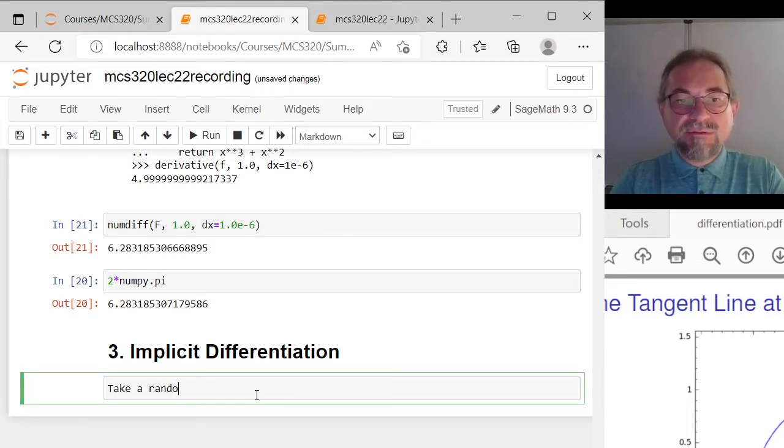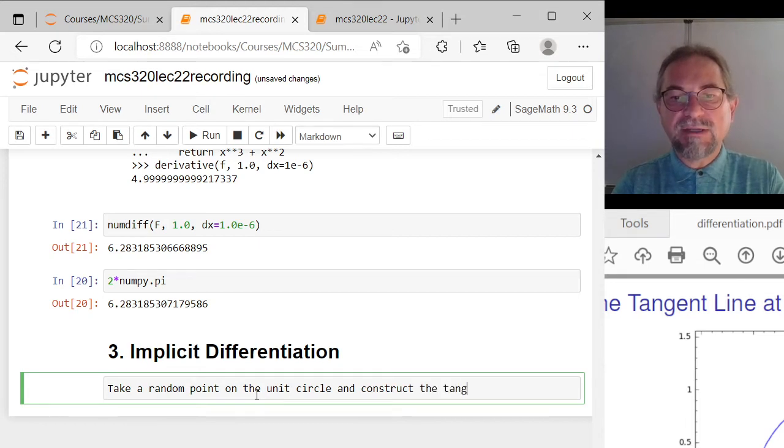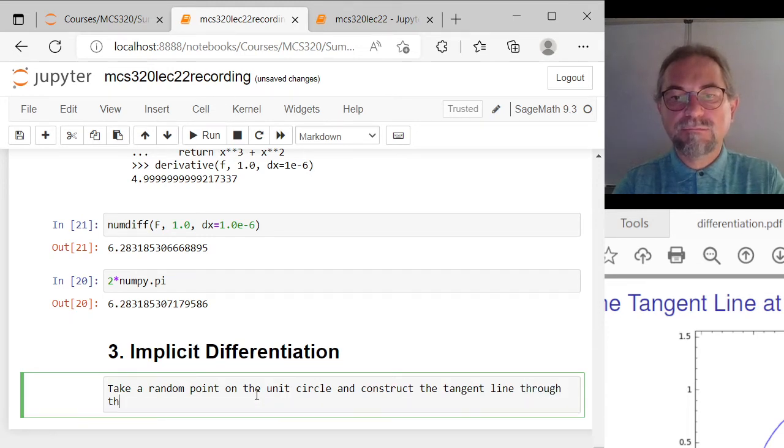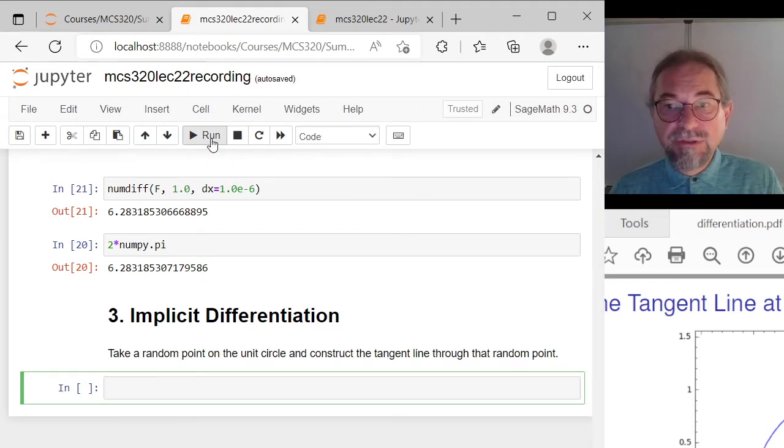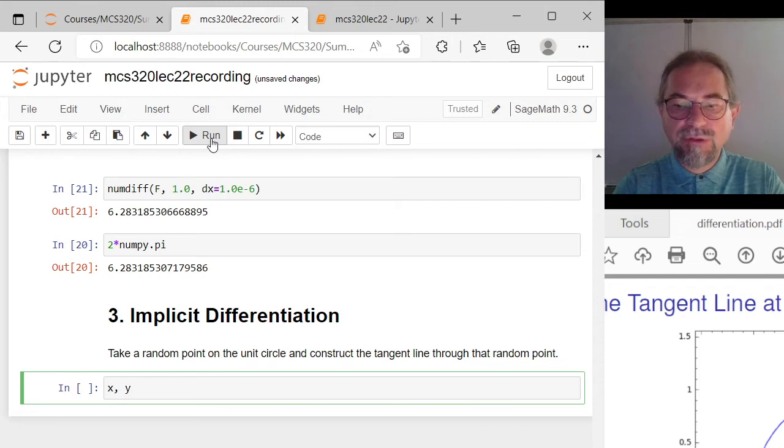Take a random point on the unit circle and construct the tangent line through that random point. So I will try to do this geometrically as well. So let me start with the definition of the unit circle.